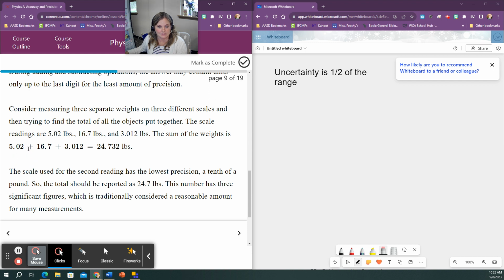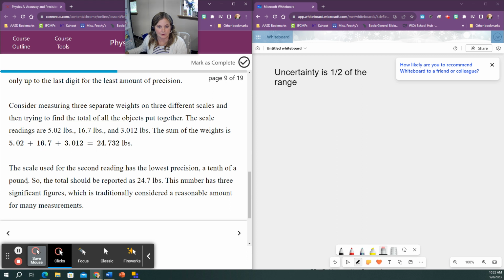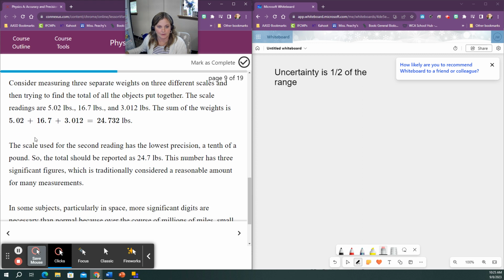So let's see here. So the lowest precision is using the tenths place here, right? So 16.7 is a measurement to the tenths place. So we also report our answer to the tenths place, okay?